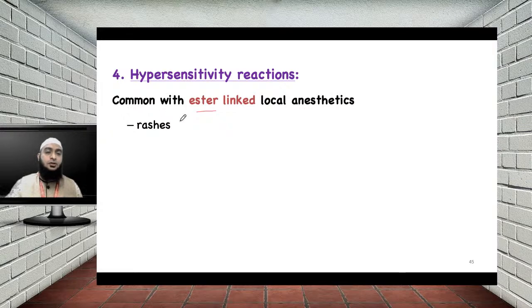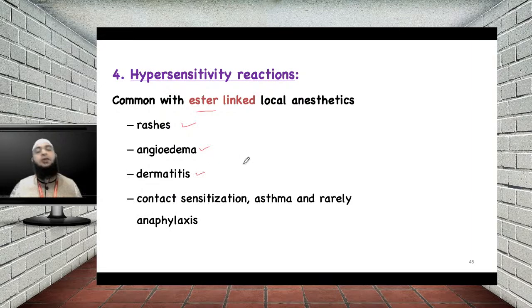So the first symptom is the rashes. The rashes are related to the skin. It is one of the common allergic symptoms. It may lead to angioedema. So there is edema of the blood vessels. It is called angioedema. The patient may show dermatitis, inflammation in the skin. Fourth one, he may suffer from contact sensitization.